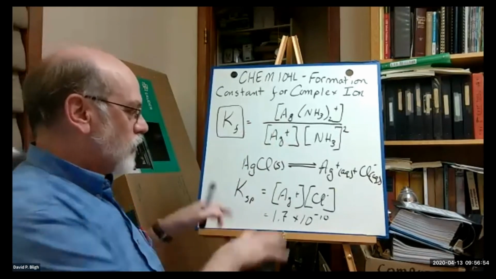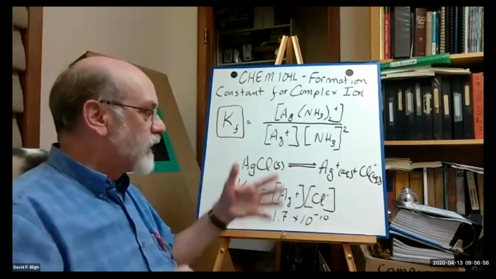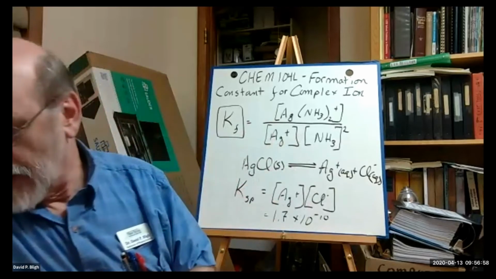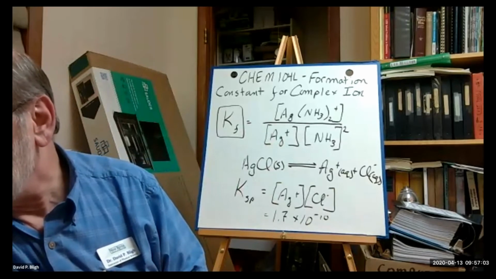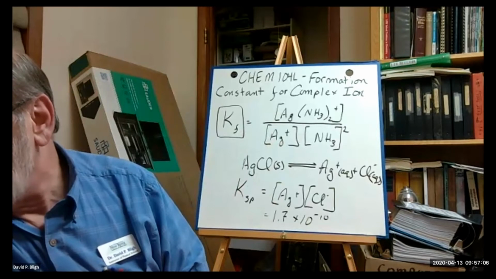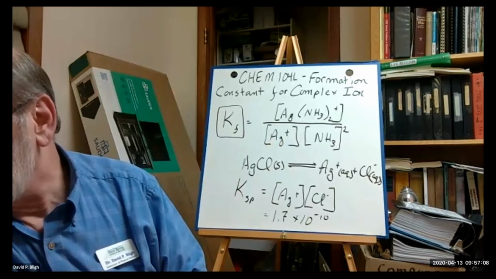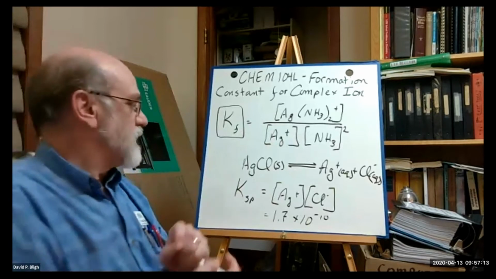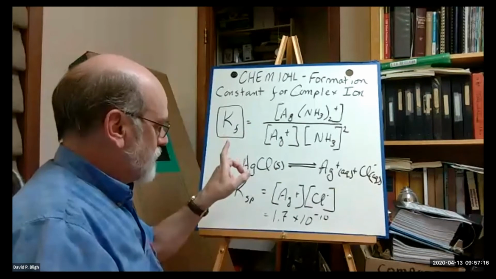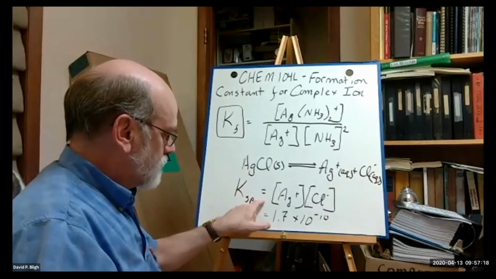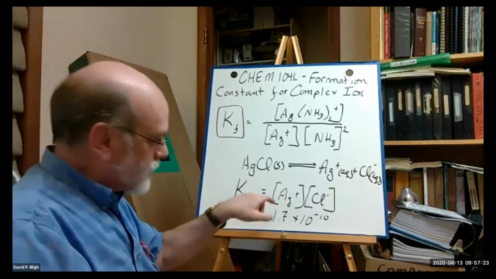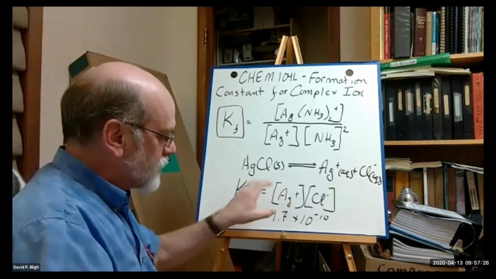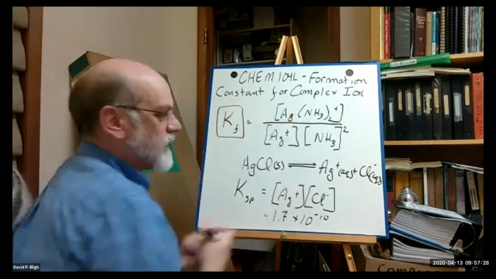So when we combine these two, how are we going to combine them? Well, the way we do it is we solve this one for silver and substitute the equivalence of that silver expression in here for that silver.